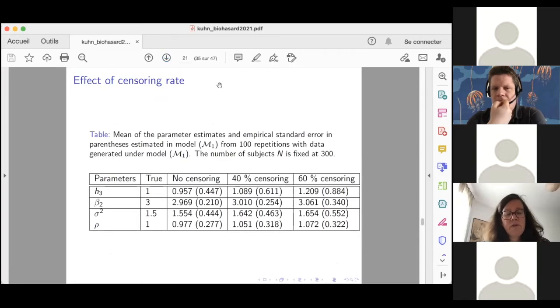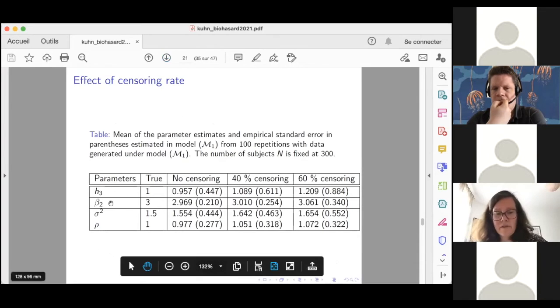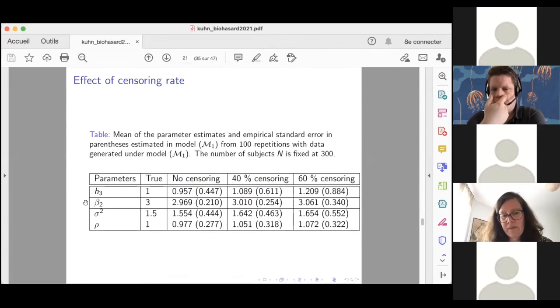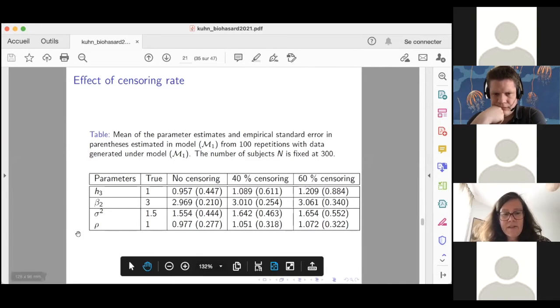I only put some parameters, not all, because the results are of the same order. So here you have 1 parameter of the baseline, 1 regression parameter for the covariates, and the 2 parameters for the frailty distribution. Here you have the true values, the estimate obtained, and also the empirical standard error in parentheses.